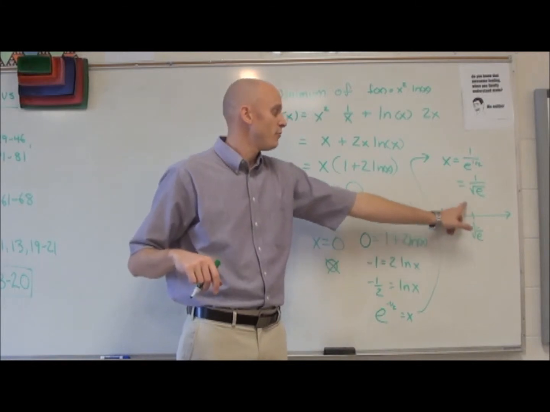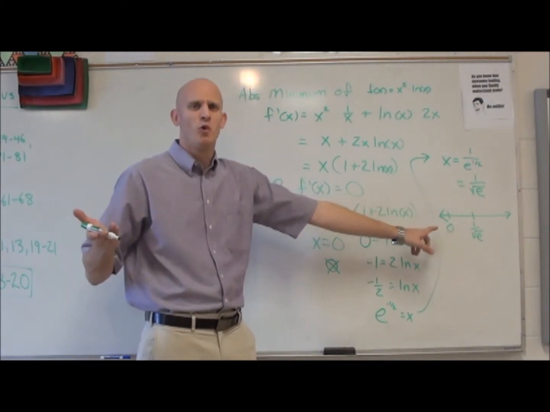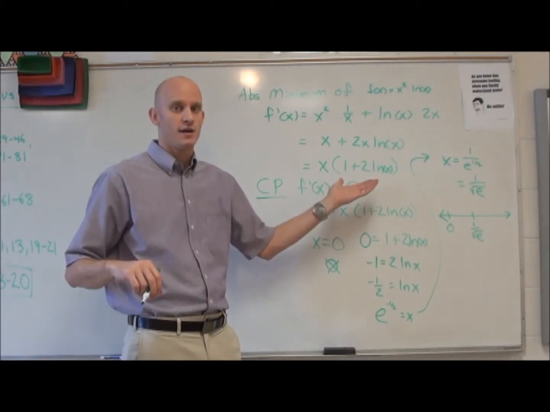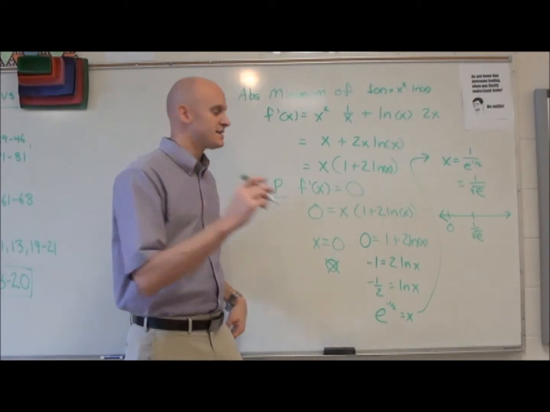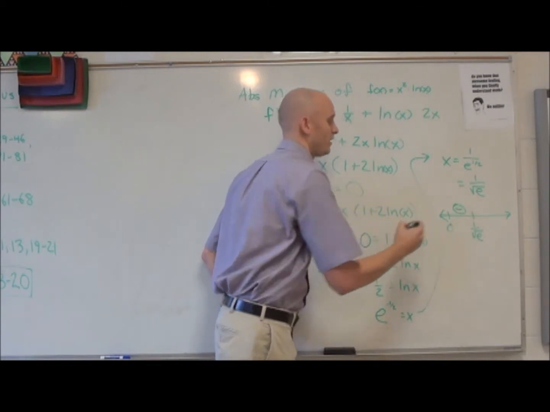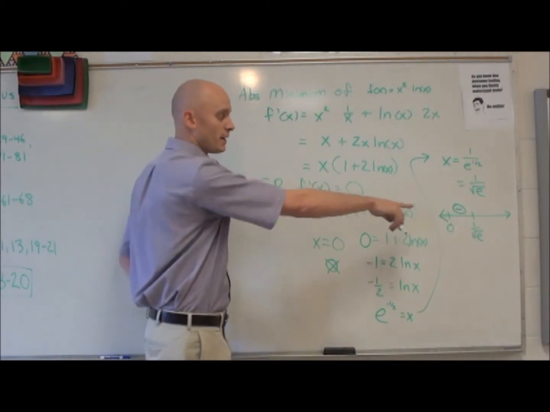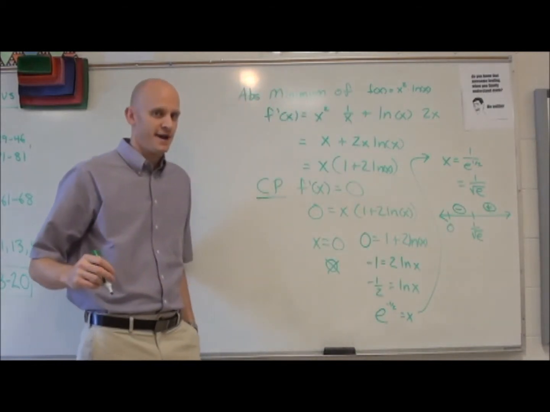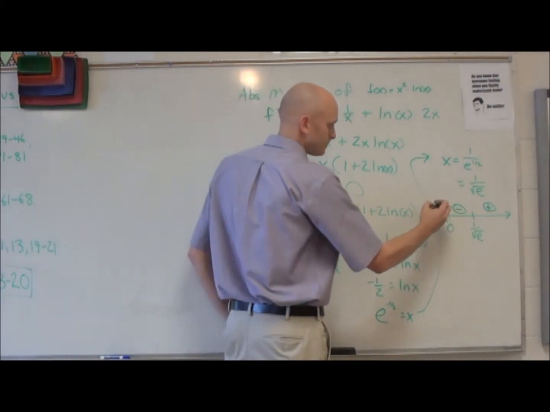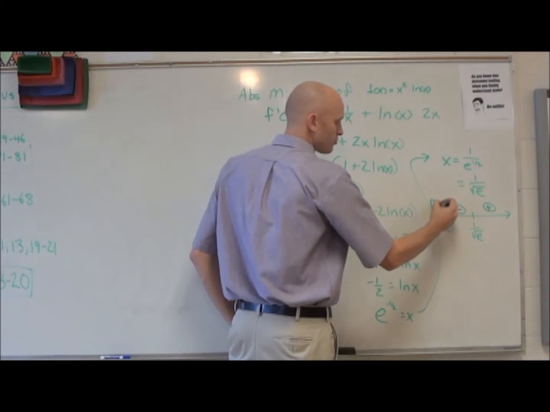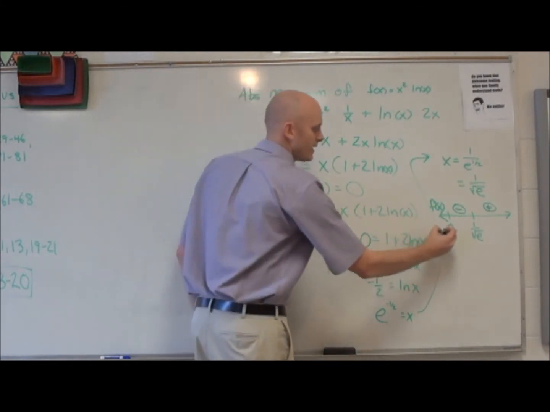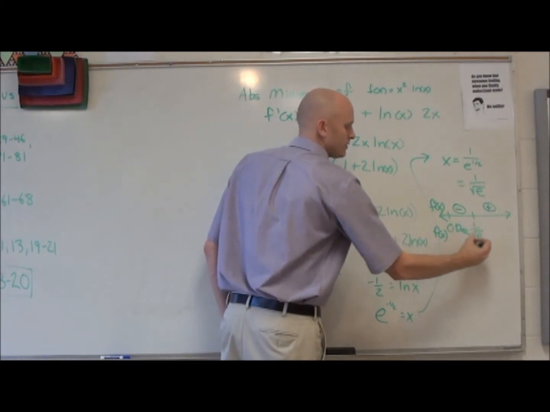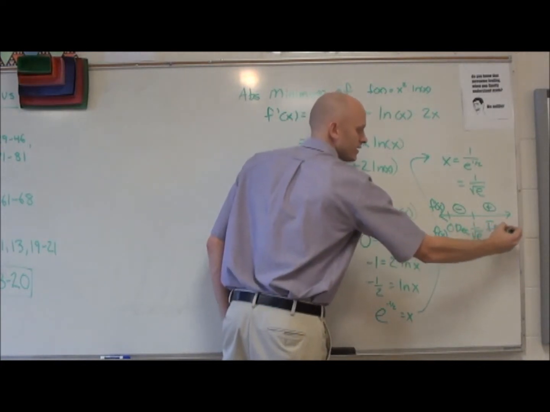So we know that we need to pick a value. If I pick a value of 1/2, we'll probably be fine. When you plug that value in, you're going to find that that is a negative value. And when you pick a number greater than 1 over the square root of e, you will find that it's a positive value. So this is my derivative sign. So that means about the original function that it's decreasing and then increasing.